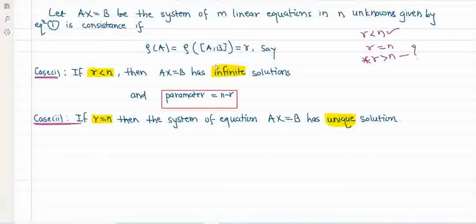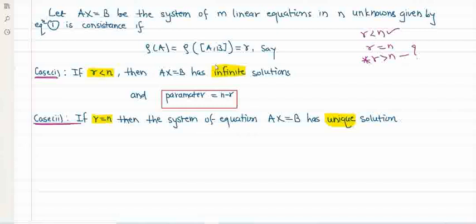So from the point of view of examples, you have to remember the concept. First thing, we can represent the given equations in matrix form. After that, write an augmented matrix. From that, you have to find the rank of A and the rank of the augmented matrix. If rank of A is equal to rank of AB, we can conclude that the given system has a solution.